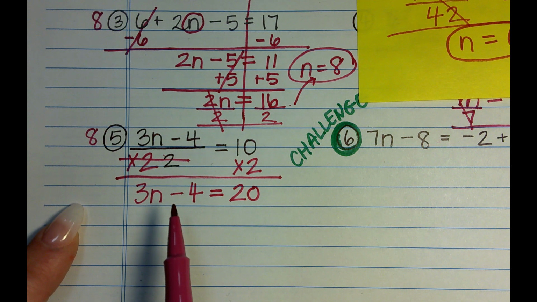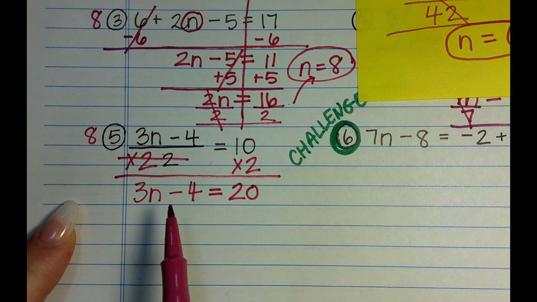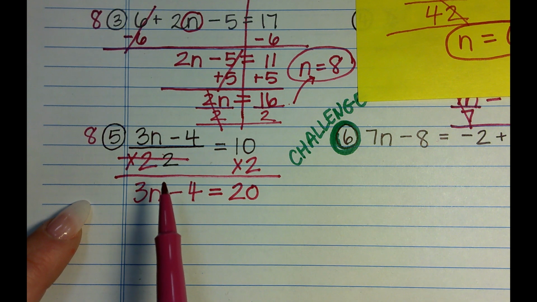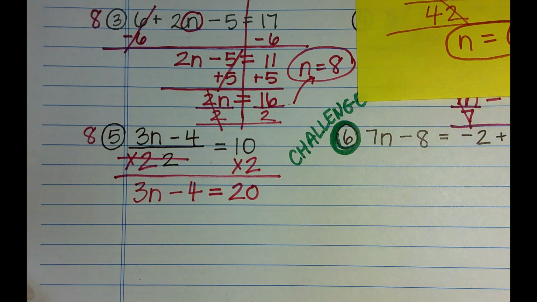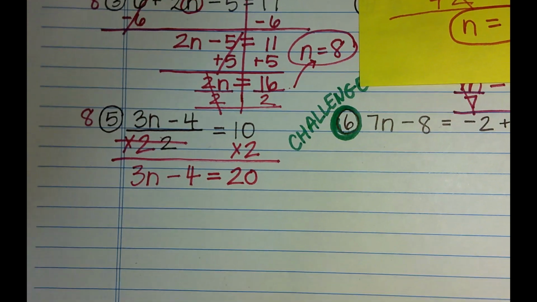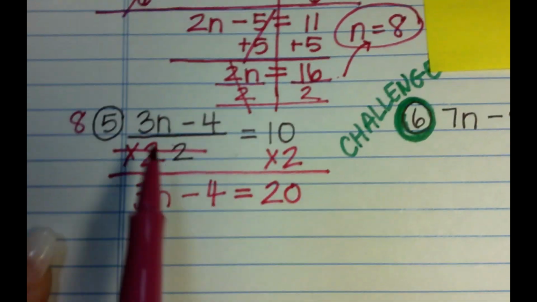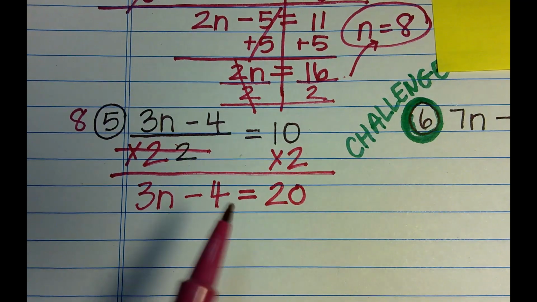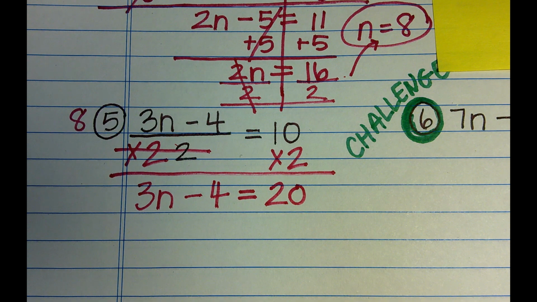I think I put a plus sign. When she rewrote it, she put 3n minus 4 instead of minus 4. Yes, the original problem started with 3n minus 4. We didn't do anything to get 3n minus 4. It was just already there.